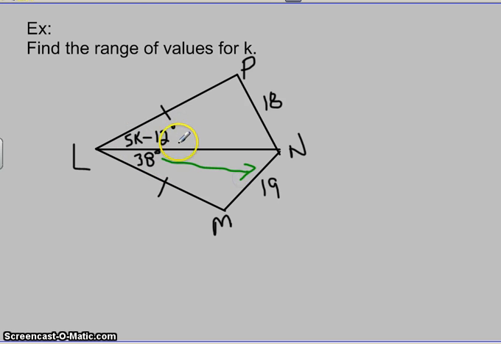Looking across from the two angles that we're comparing, it looks like the 19 is going to be bigger than the 18. So that means that the 38 degrees is bigger than the 5k minus 12. Alright, so let's solve this real quick by adding the 12 to both sides.